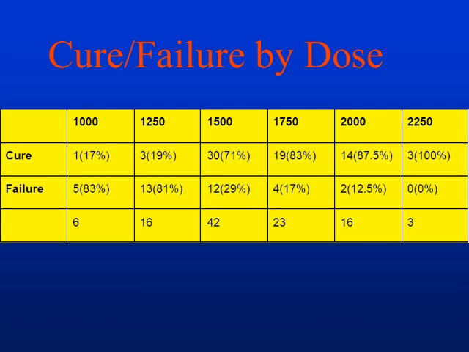The first patient we treated with 1000 centigray was cured. So we treated a bunch more until we figured out that that was just luck, and it wasn't going to be reduplicated. And so, again, the magic dose is 2,000. We rarely go above 2,000. We rarely go below 1,750.